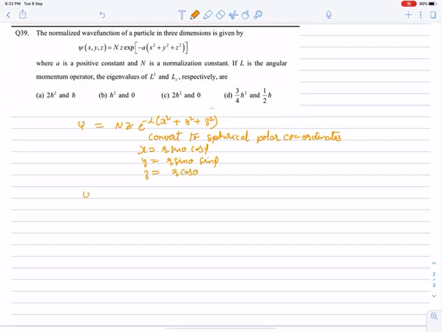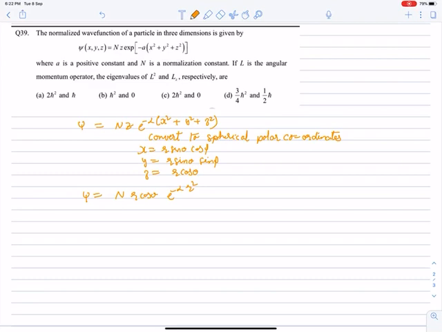So I can write the above as N r cos theta e to the minus alpha, and it will become r square.